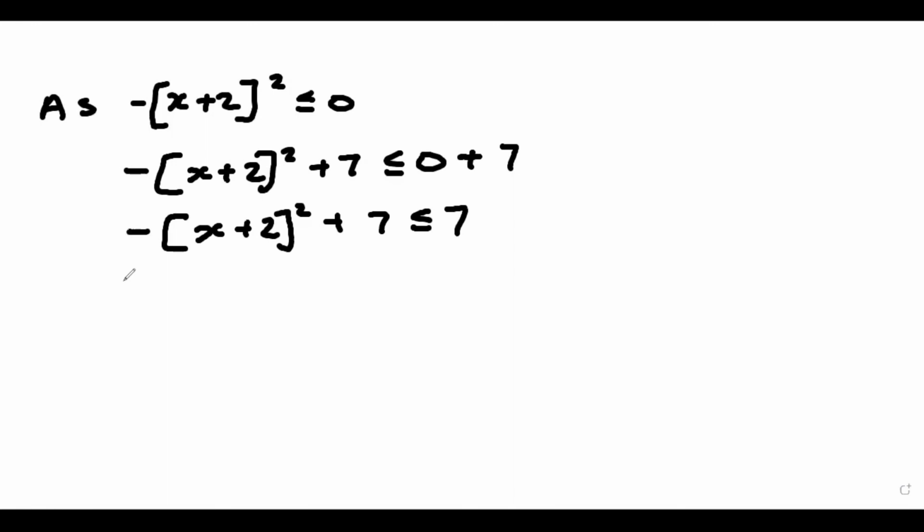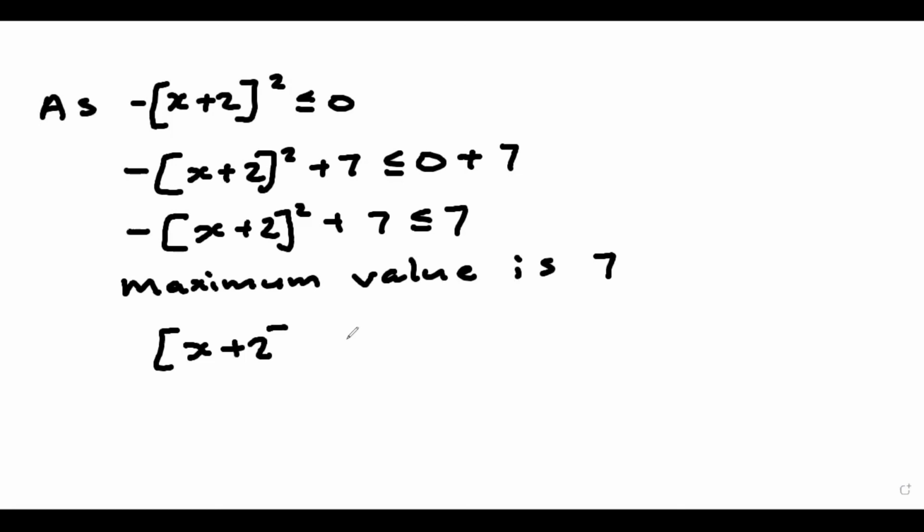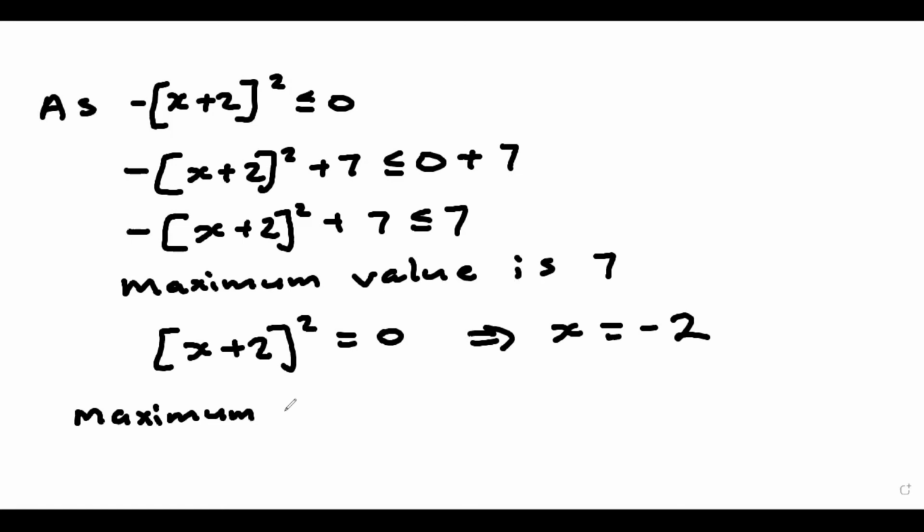So the maximum value is 7, and this occurs when x plus 2 is equal to 0. So that means when x is equal to -2. So that means the maximum point is (-2, 7).